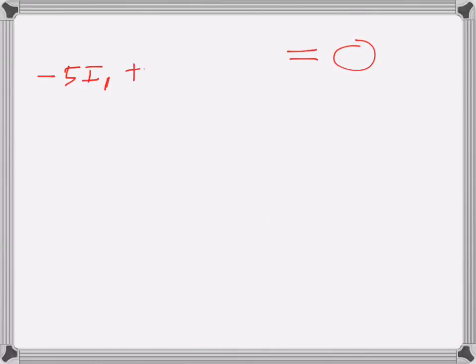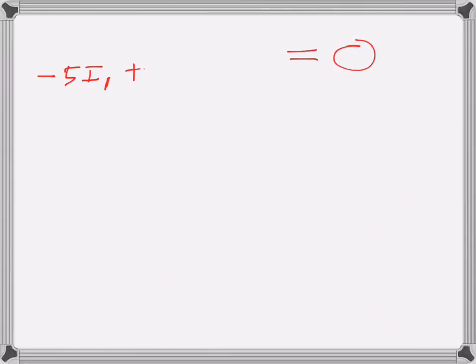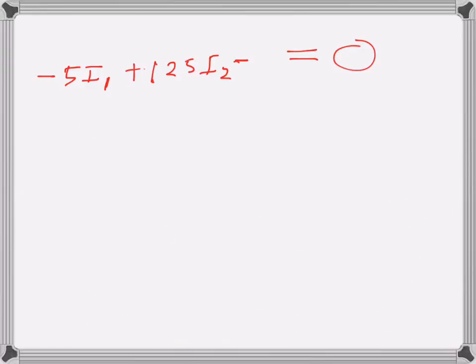Then I2 will be positive here because that's the mesh current, so that is the sum of the three resistances, 5 ohms, 30 ohms, 90 ohms, so that will be 125 I2. Finally I3 will again be negative, and we can see the common resistance is 90, so that will become minus 90 I3. That is the third resistance.